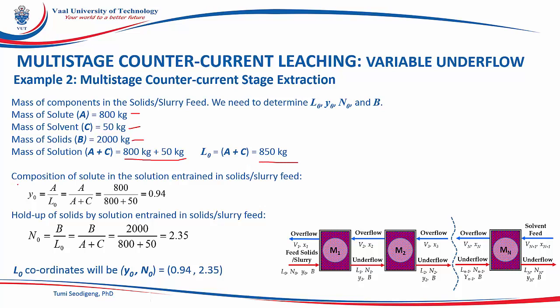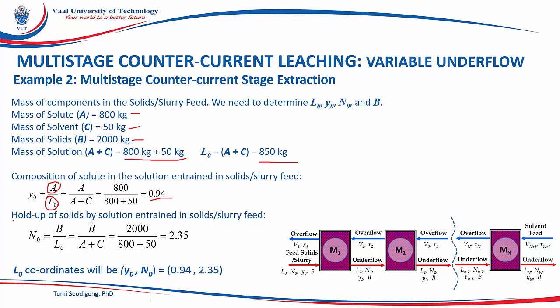The composition of solute in the solution entrained in the slurry can be calculated just by dividing the mass flow rate of solute by the mass flow rate of the solution that is entrained, which we get to be 0.94.